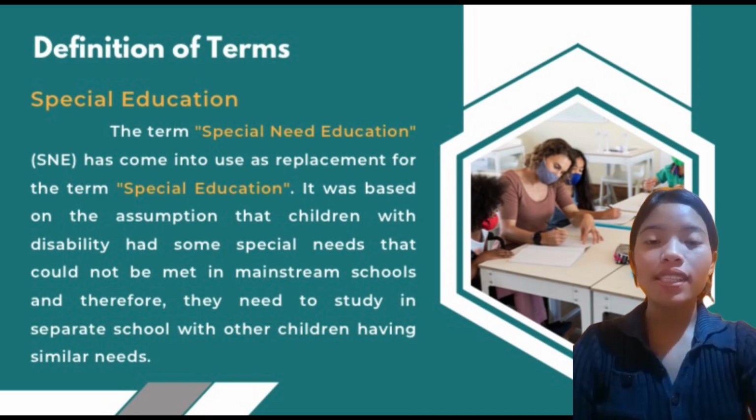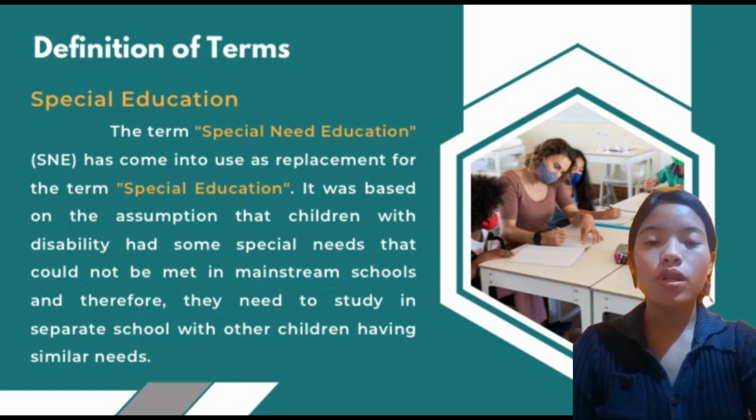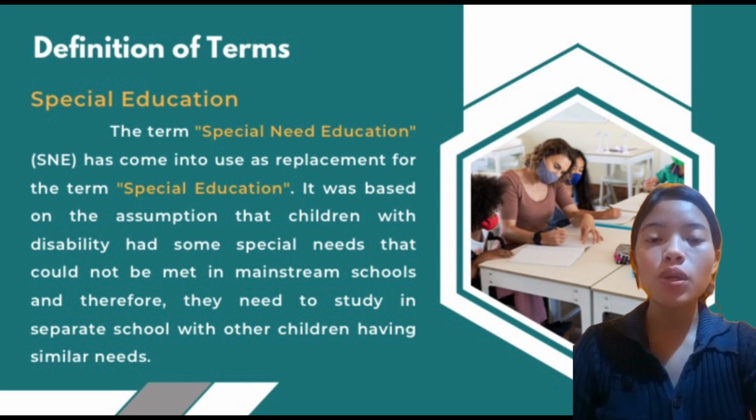Special education. The term special need education, or SNE, has come into use as replacement for the term special education. It was based on the assumption that children with disability had some special needs that could not be met in mainstream schools, and therefore they need to study in separate school with other children having similar needs.